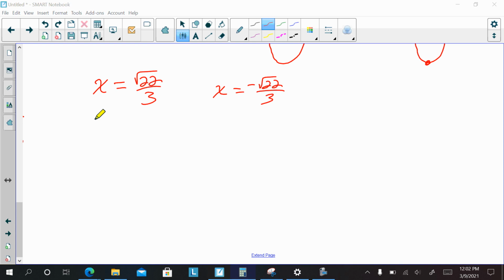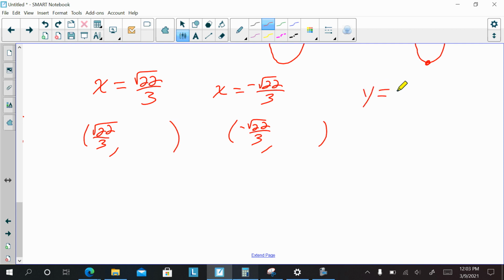Now to get the whole point, we need to get the corresponding y value. Well, how do we do that? Remember that our point is on a parabola. y equals x squared. So if we know the x coordinate on the point that is closest to (0, 6), then we can find the y by plugging this into x squared.